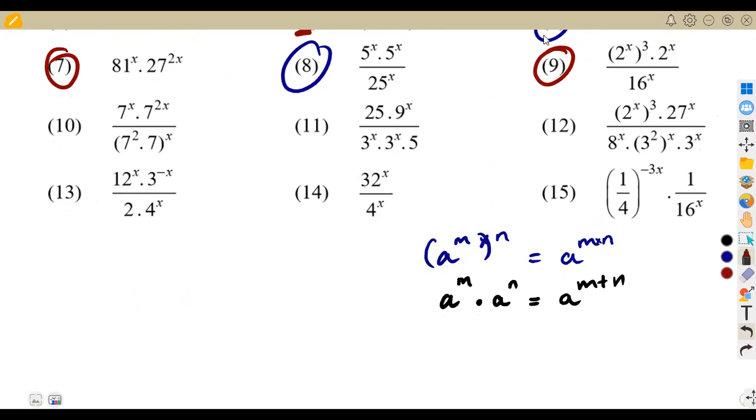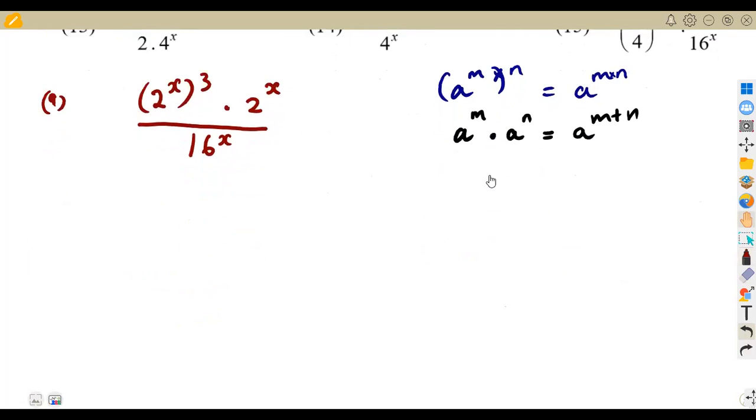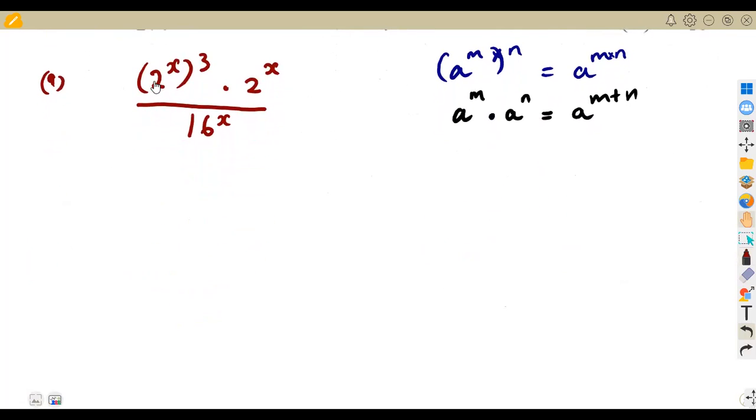All right, number 9, we've got the same situation where we have to consider these laws again. 2 to the exponent of x is being raised to the exponent of 3, then multiplied by 2 to the exponent of x, everything over 16. In our normal analysis of the question, we can see that on the top, yes, we've got 2, but there are some things that have to be simplified, an exponent and an exponent.